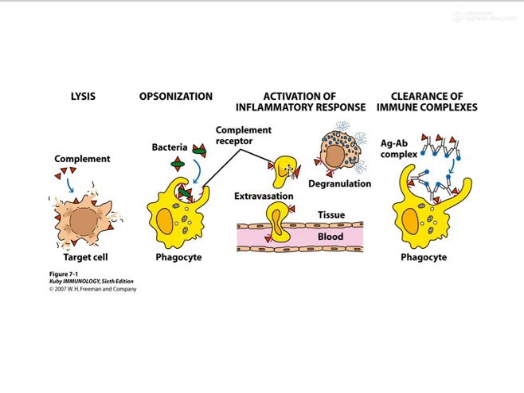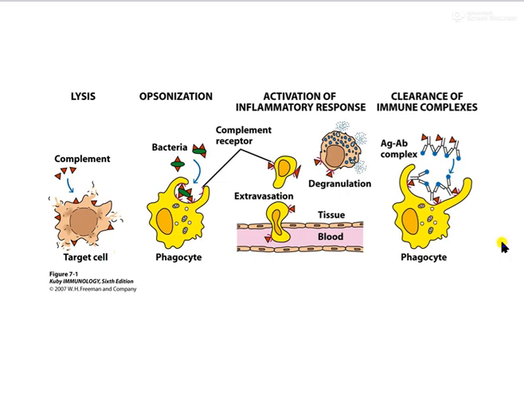Sometimes it will bind onto some normal cells and cause inflammation. That is what is depicted here. On some cells it will bind and cause degranulation, which is also part of the inflammatory response. And once an antigen antibody complex has been formed, the complement also binds onto it and causes clearance of the immune complex.